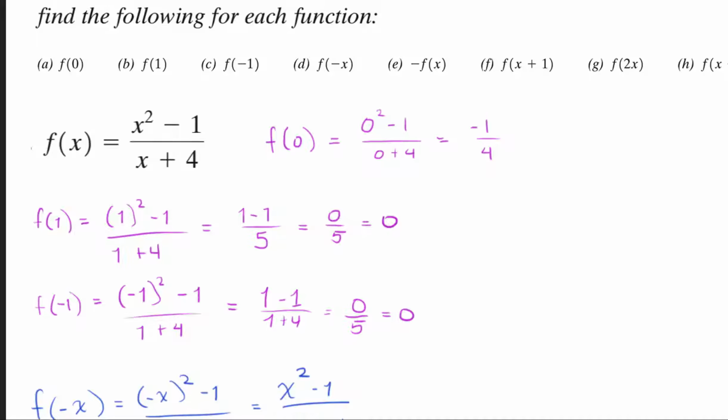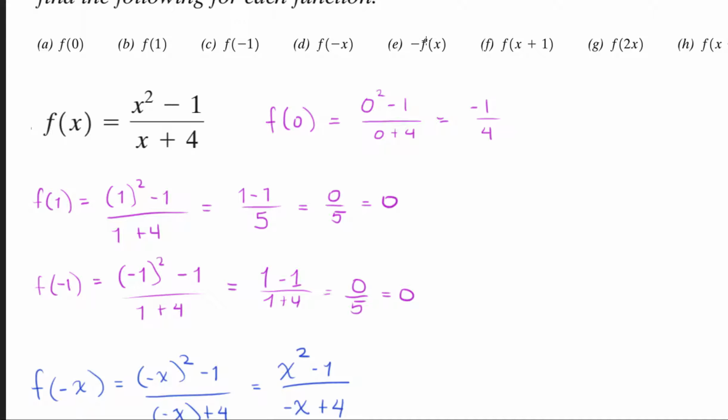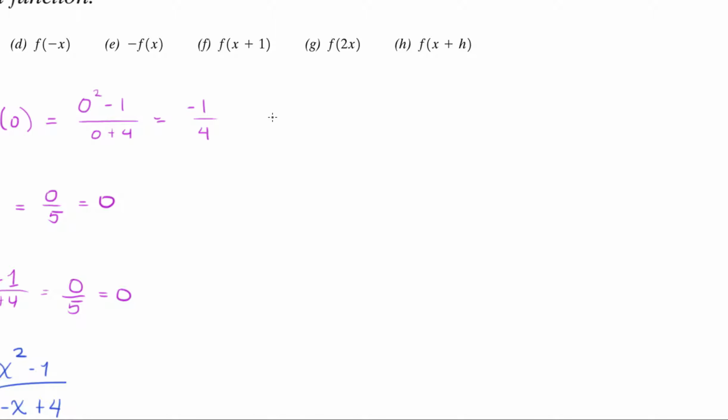Now the next one is negative f of x. Notice now that the negative is outside the function. So negative f of x is negative, and then my original function, which is x squared minus 1 over x plus 4. Now, remember what negative means when it's being multiplied.